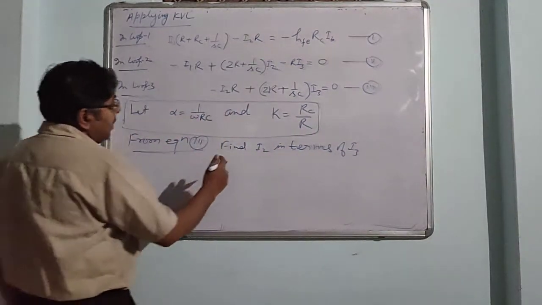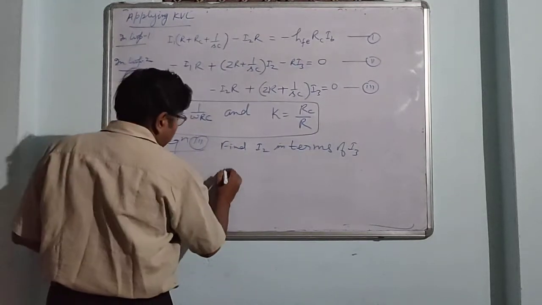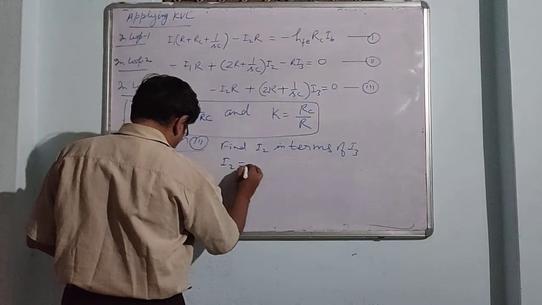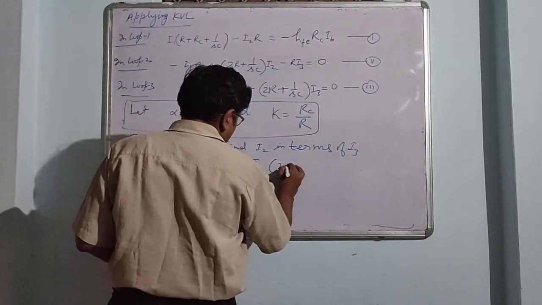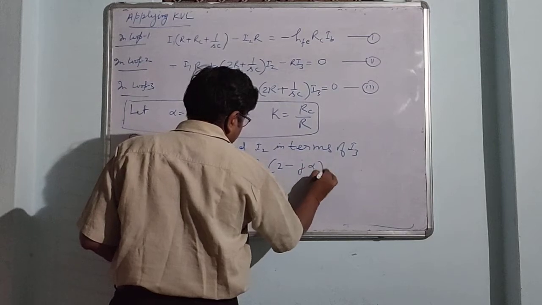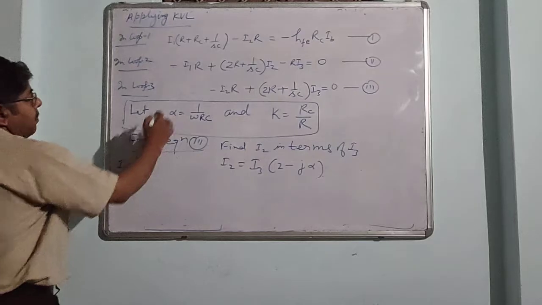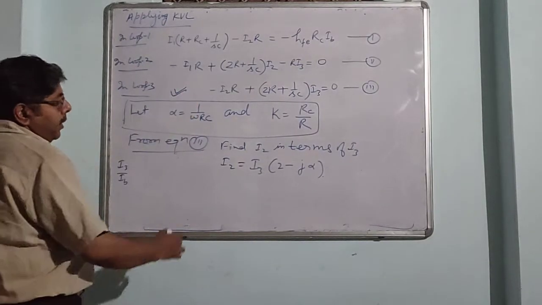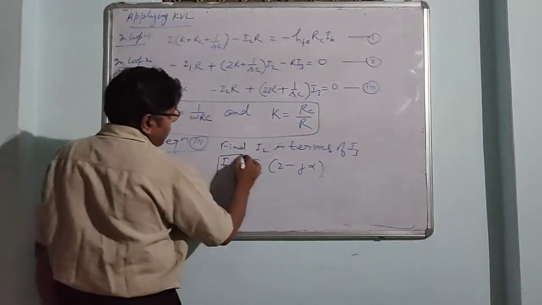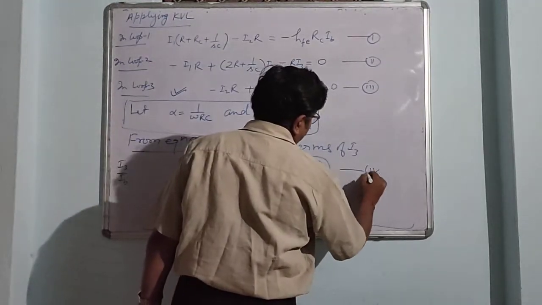So you can write from here. I am directly writing I2 is I3 by 2 minus j alpha. You can solve the third equation, and you will get this I2 in terms of I3. Suppose this is 4.